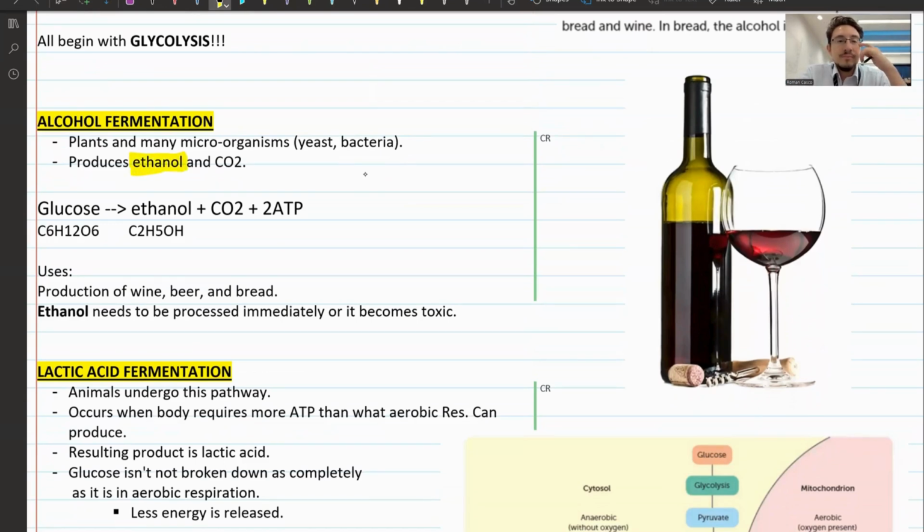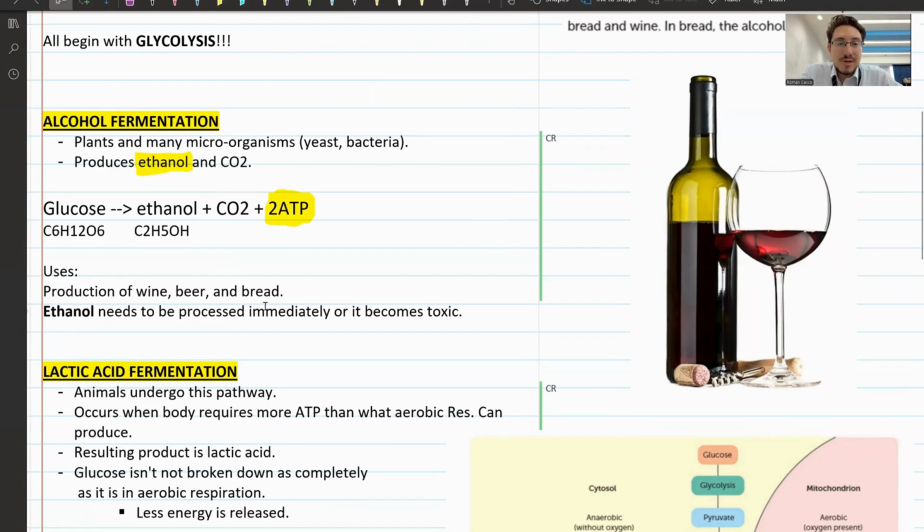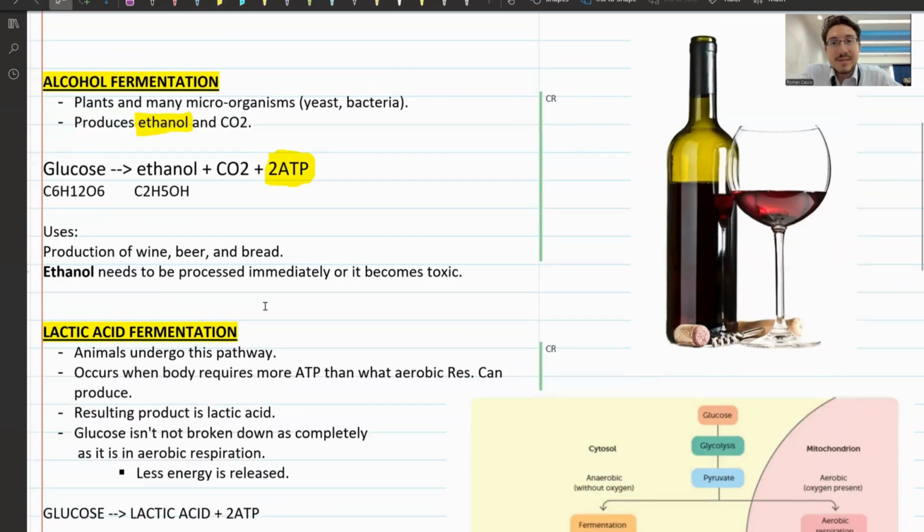There's several variants, but ethanol is basically what is being produced. Aside from ethanol, you're producing carbon dioxide and 2 ATPs, right? Not that efficient, of course, compared to the 38 ATPs that were being produced. Not that great, right? But it works.